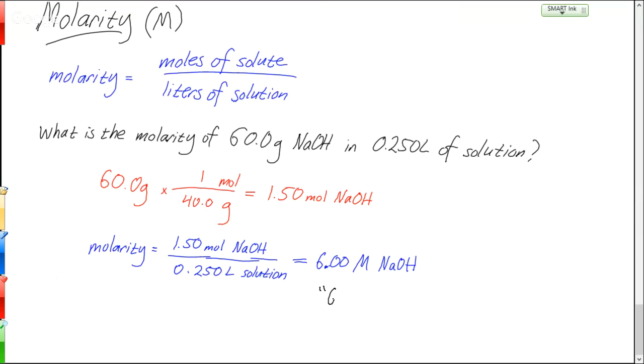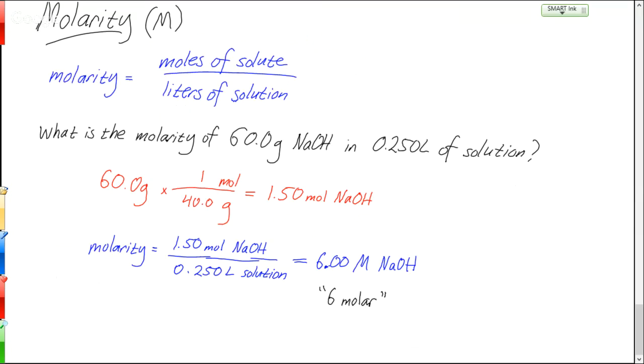So we would say 6 molar, just like the tooth. All right, so we've got 6 molar, that's our concentration. That tells us how much NaOH is in that given amount of solution.